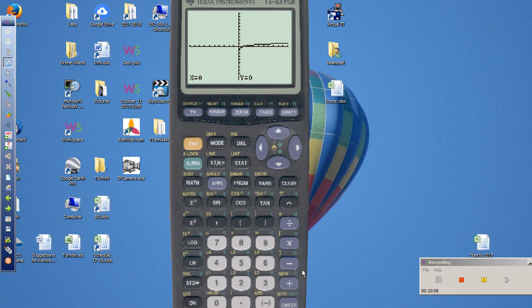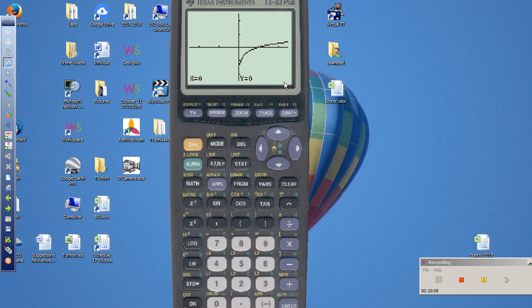For now, just do the ln. Okay. So, what do you see about this graph?